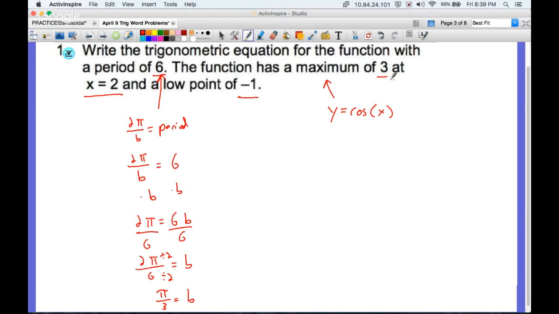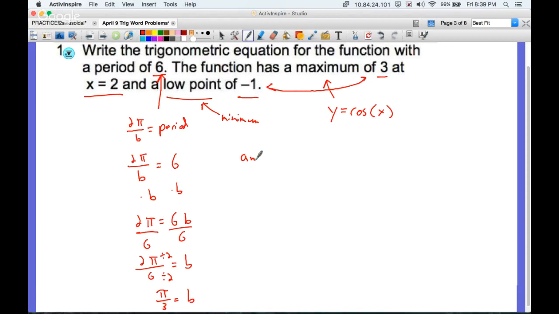Now let's talk about this. Maximum of 3, low point, or we could also consider that a minimum of -1. So to get a max of 3 and a minimum of -1, that will give me 2 pieces of information. It's going to tell me the amplitude as well as the vertical shift.